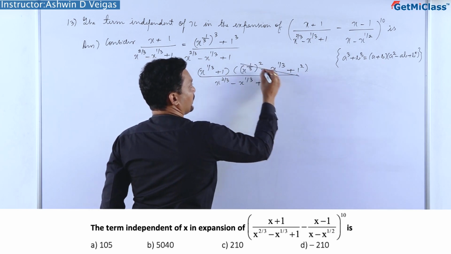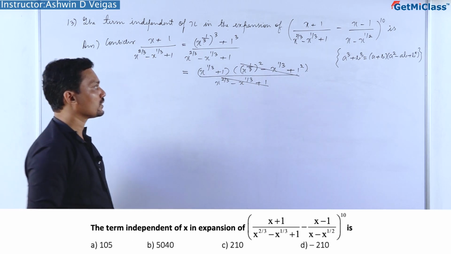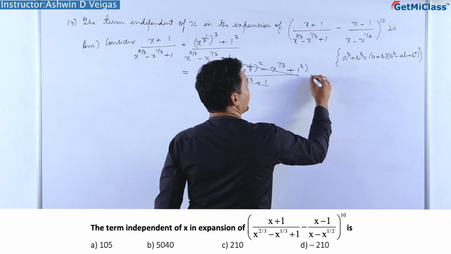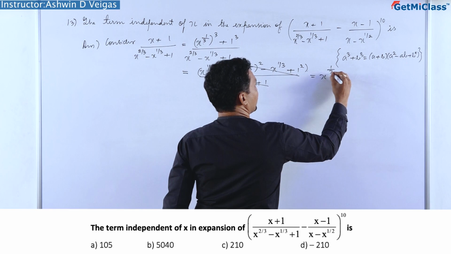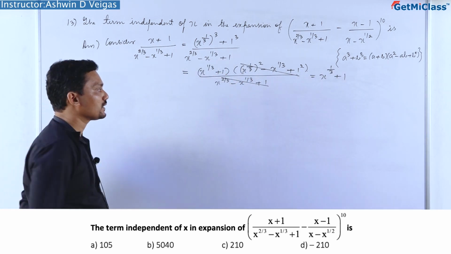This is the same as this term, so it will get cancelled. Therefore, here you are going to get x power 1 by 3 plus 1. So, the first term is simplified.